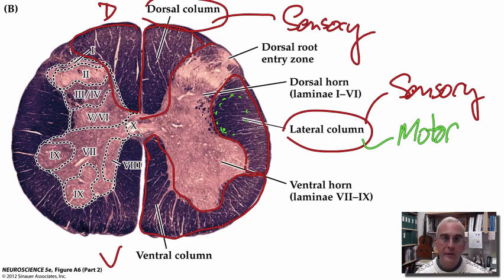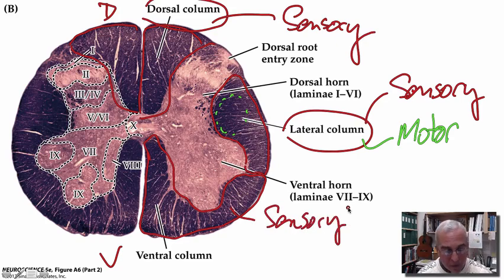We'll spend a fair amount of time on the organization of that one pathway. Now, likewise, on the ventral, or the anterior column, we have a mixture of both sensory and motor pathways.